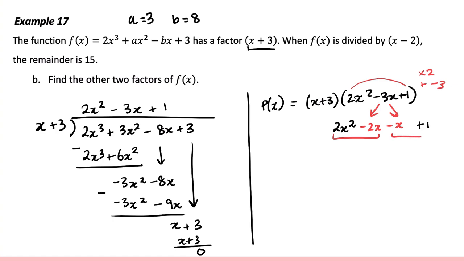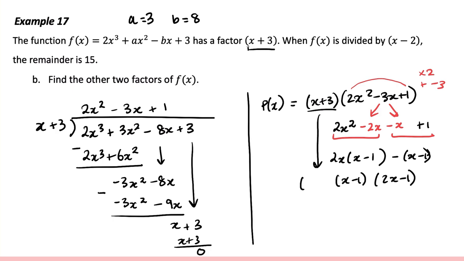Now I can factorize by grouping. That's 2x, x minus 1. I'll pull the negative out, x minus 1. I'll pull the common factor out, which is x minus 1, and what's left over is 2x minus 1. There you go. So that there is fully factorized.